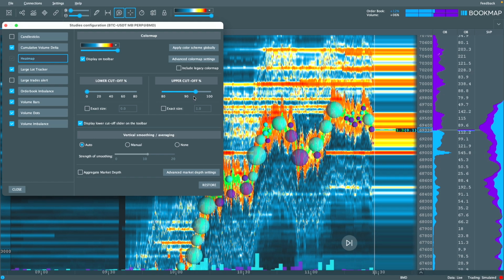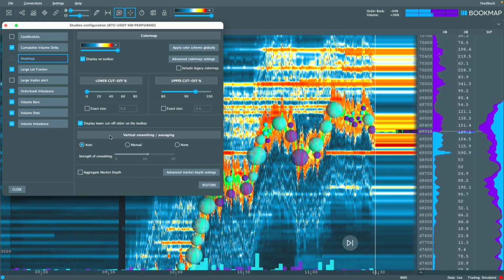This allows the top 5% of the order book liquidity levels to get the full heat intensity, giving you more visible contrast and making significant walls or clusters easier to spot in real time without having to wait for an extreme outlier to light up. Here, you see the option to have the lower cutoff slider on the toolbar.